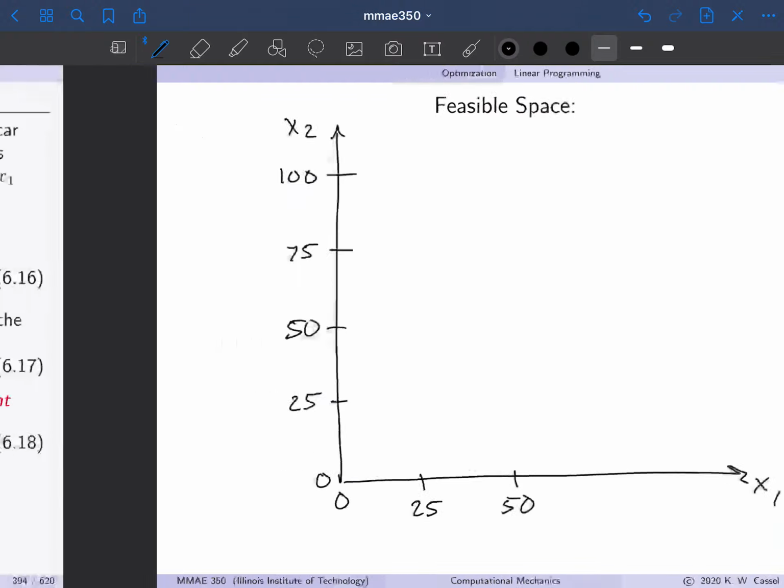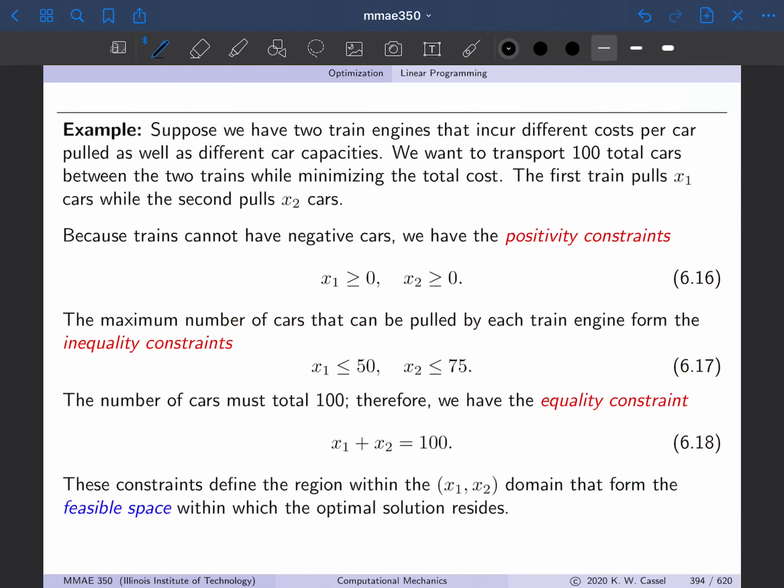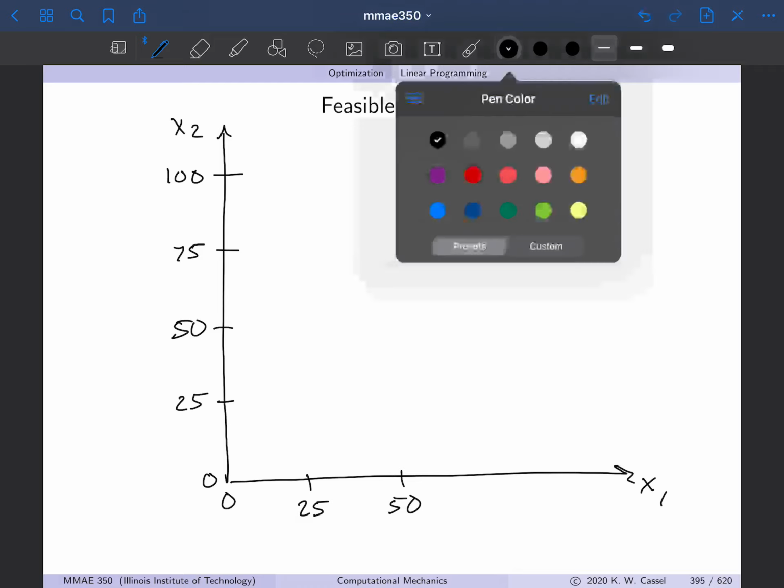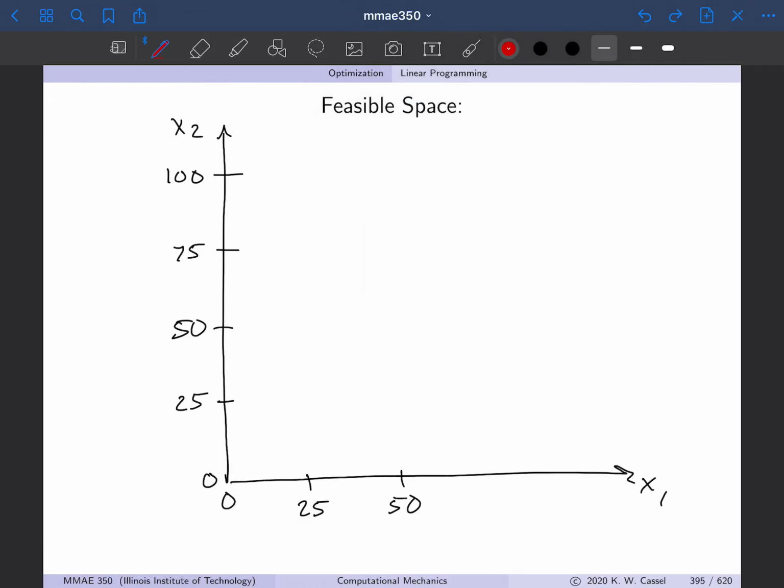Okay, so let's just walk through each of these constraints. So 616, we have two positivity constraints. x1 is positive and x2 is positive. So based on that, if x1 is positive, that means it has to be to the right of the x2 axis. Actually, let me use a different color here.